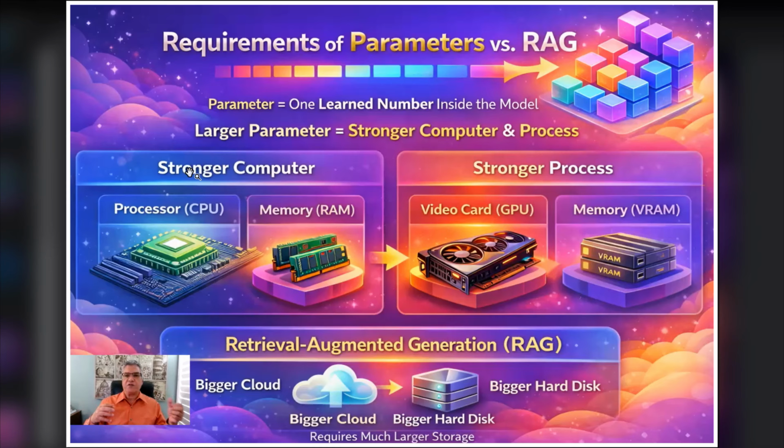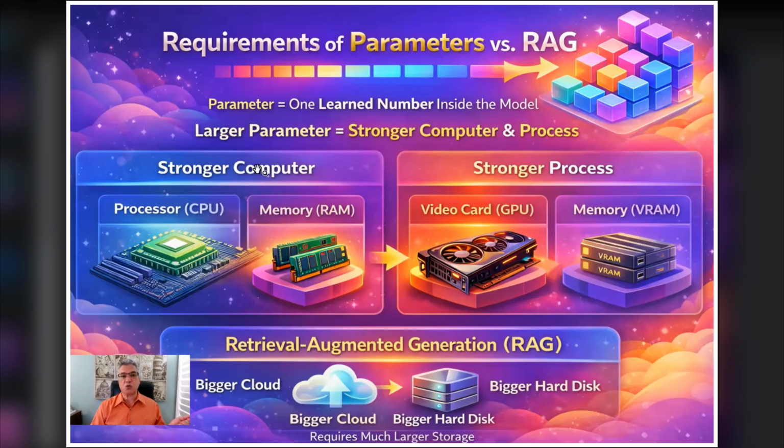So if you have a bigger parameter model, like a 5 billion parameter model, you have to make sure to get a very strong processor with memory. So the CPU is the processor of the computer, and the memory of the computer is the RAM.